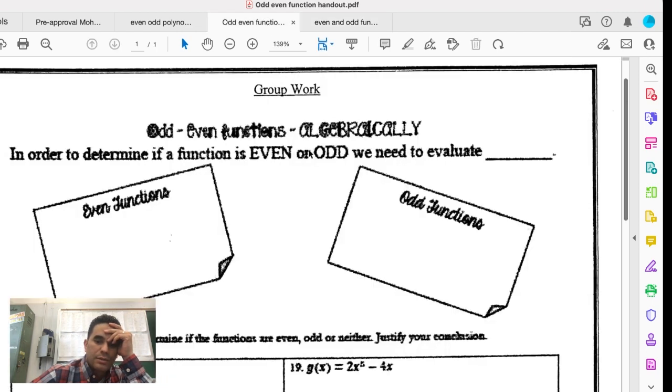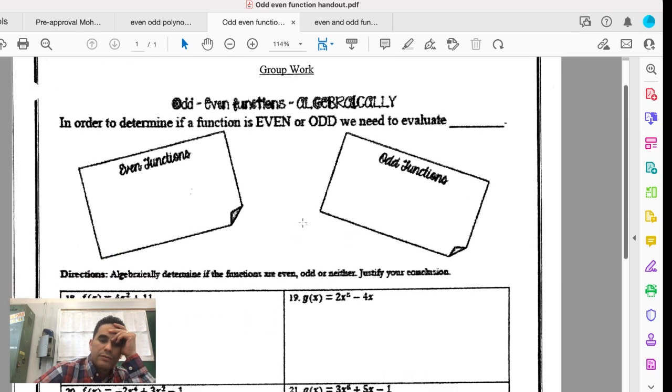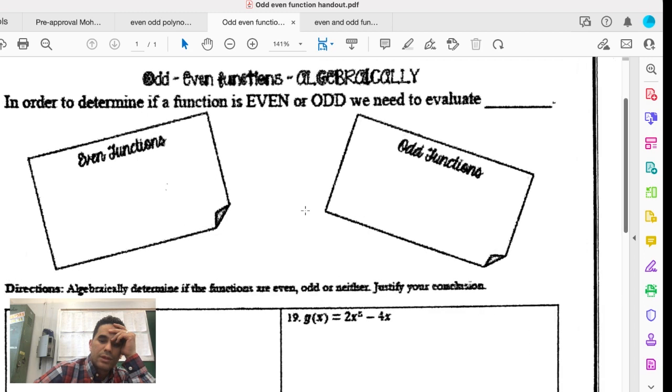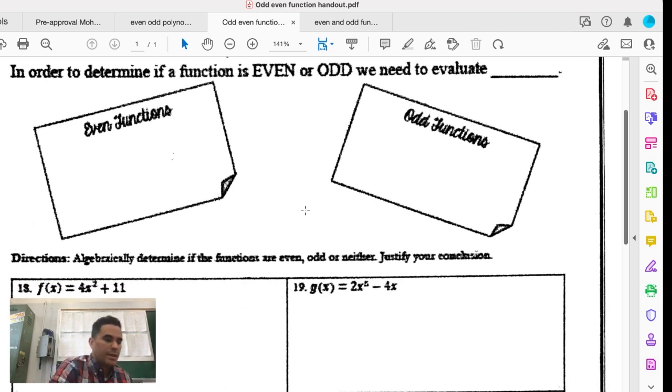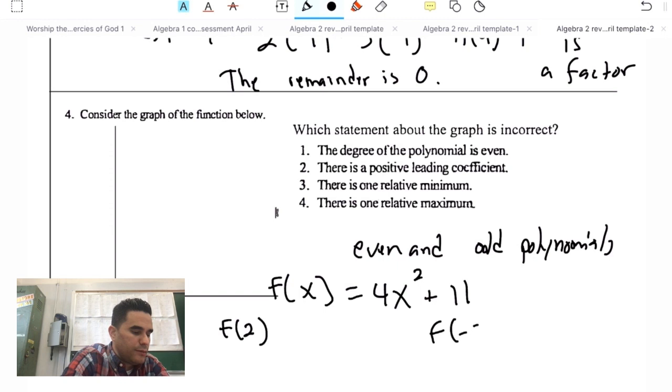So if we look at this example here, I want to determine whether this is an even function or not. It's a good review. So I'll try f of 2 and f of negative 2.